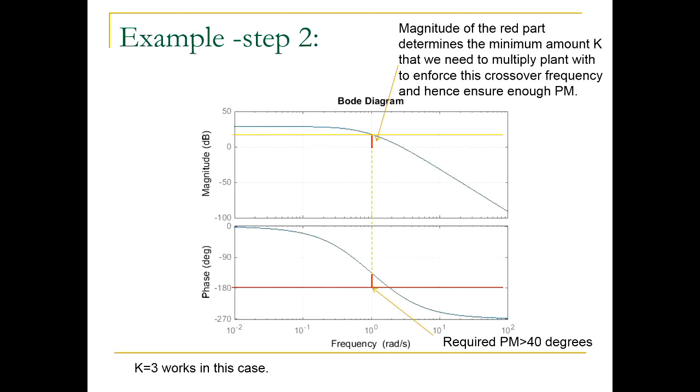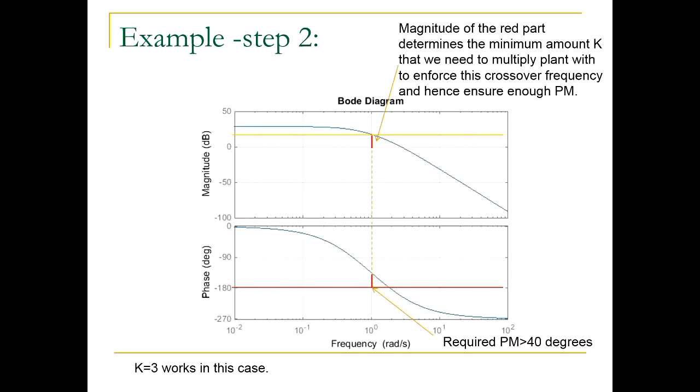Well, we need to have the opposite of that gain to basically shift down the magnitude characteristic so that the gain characteristic passes through that point. When you do this, you can see that to get the required phase margin of 40 degrees, you would need that amount of red gain, and it should be negative.